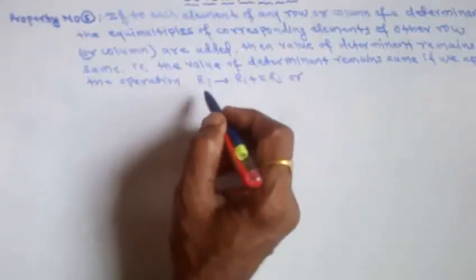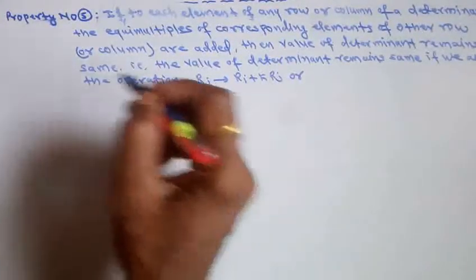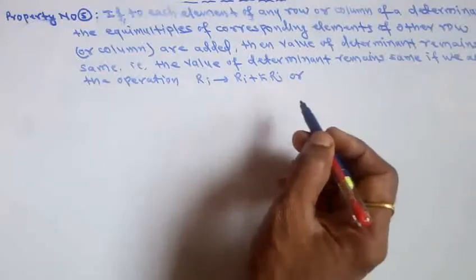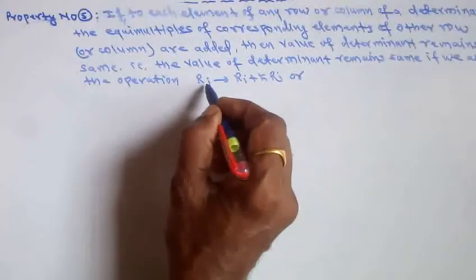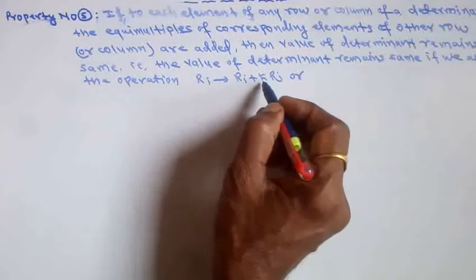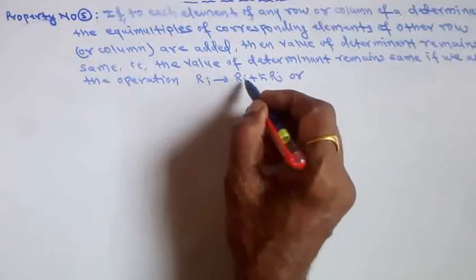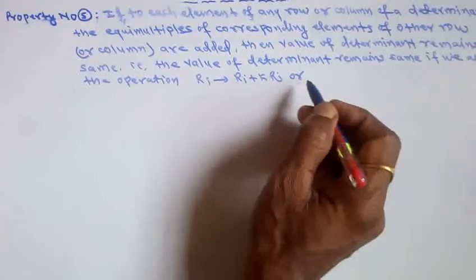Here I stands for rows: first row, second row, third row. So suppose R1 can be written as R1 plus k times Rj, meaning another row except i, so it may be 2, 3 like that.